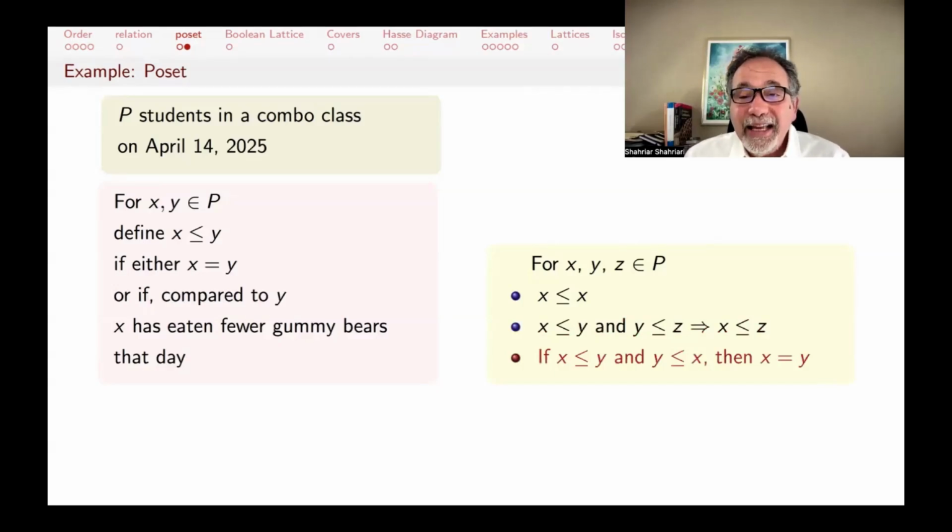And if X is less than or equal to Y and Y is less than or equal to X, what does that mean? If X is less than or equal to Y, there's two options. It could be X equals Y, that's what I want.